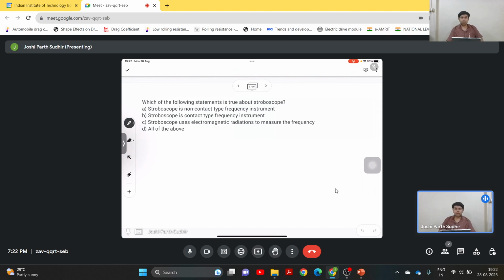At that point, the frequency of the stroboscope matches the frequency of rotation of the rotating shaft. That's how we can use this technique to measure the frequency or speed of rotation. So the correct answer to this question is stroboscope is a non-contact type frequency measuring instrument.